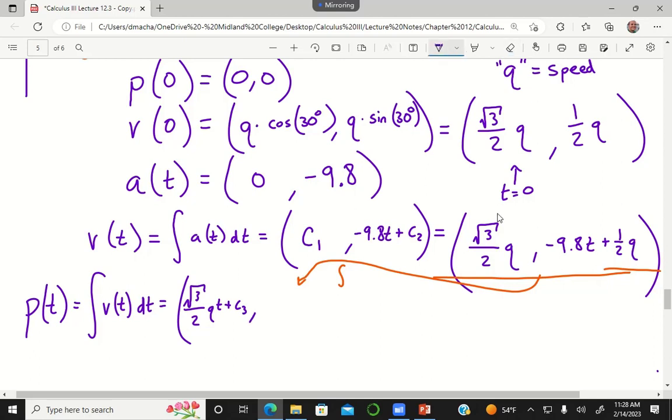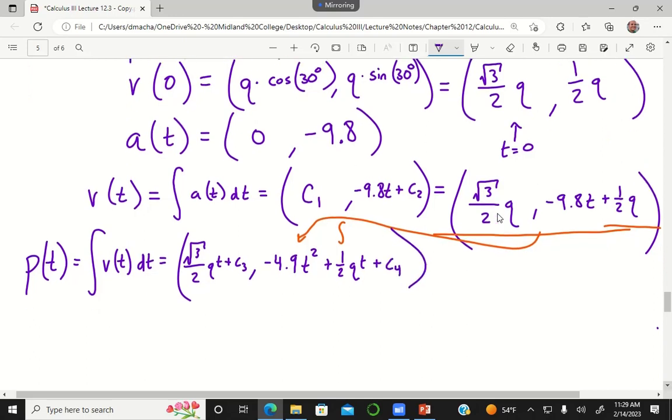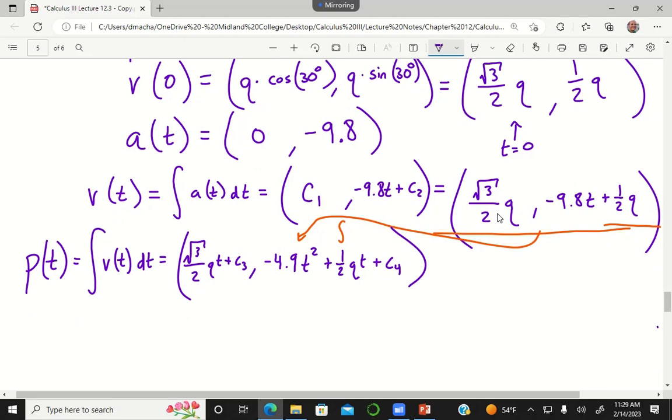And then the antiderivative of negative 9.8t is negative 4.9t squared. The antiderivative of 1/2 q is going to be plus 1/2 qt, and then I get to add a constant. So that is my position function.